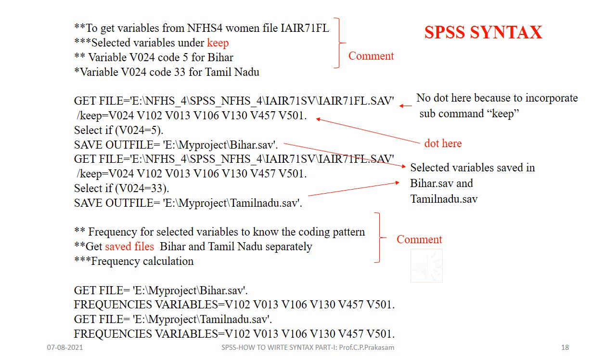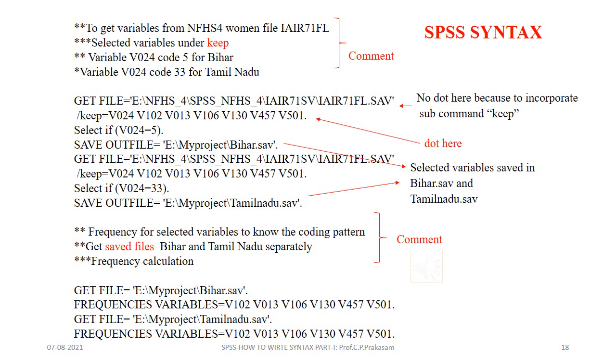Get file equals, it is stored in the E drive under the NFHS 4 folder, under the SPSS NFHS 4 file, and in that we identify another folder, IAIR71SV. From that we have got the original file as a SAV women file.